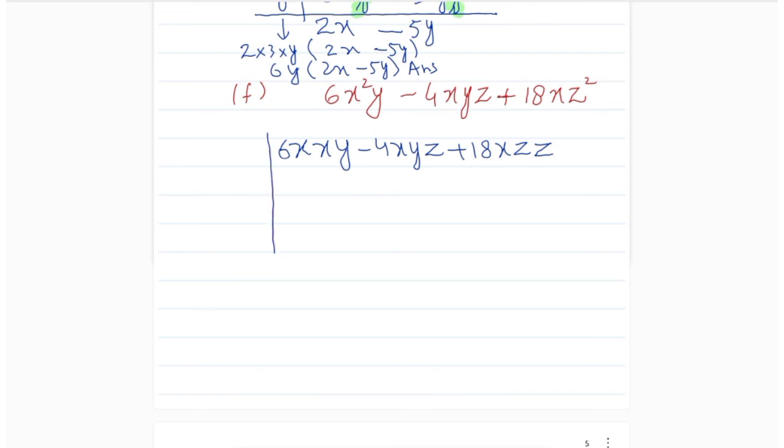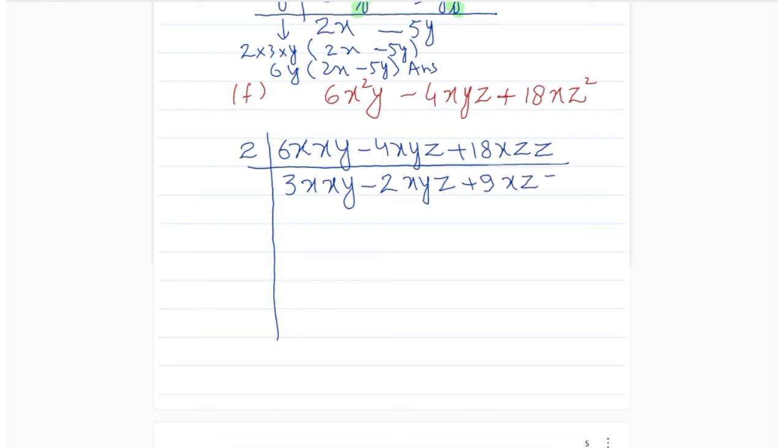Now, using the HCF method for finding the factors, 2 is a common divisor, so we are dividing by 2. 2 3s are 6xxy minus 2 2s are 4xyz is the same plus 2 9s are 18xzz.